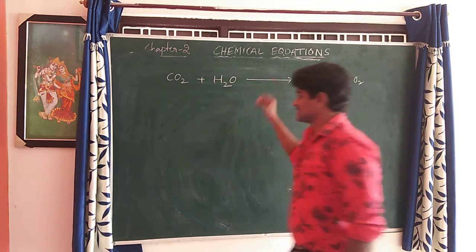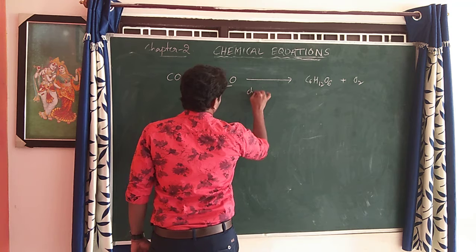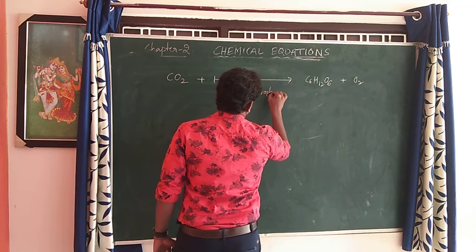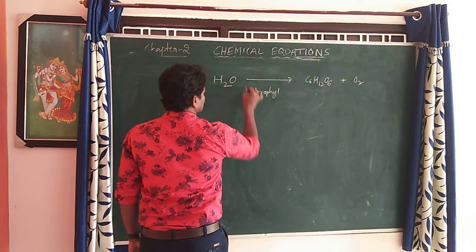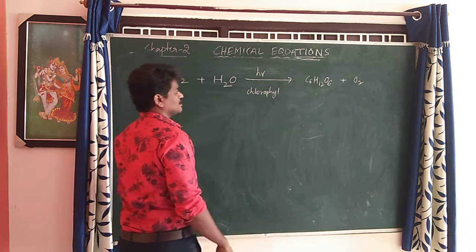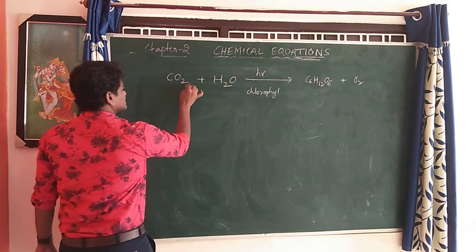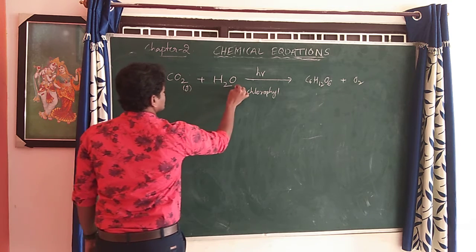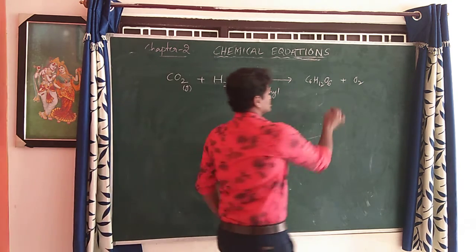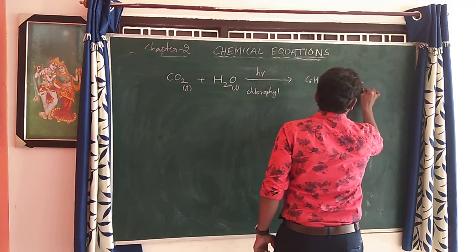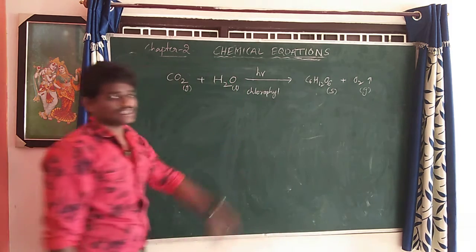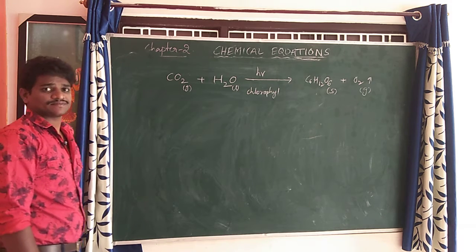It occurs in chlorophyll with light. Carbon dioxide is a gas, water is a liquid, glucose is a solid, and oxygen is a gas. Try to balance the equation by the hit and trial method.